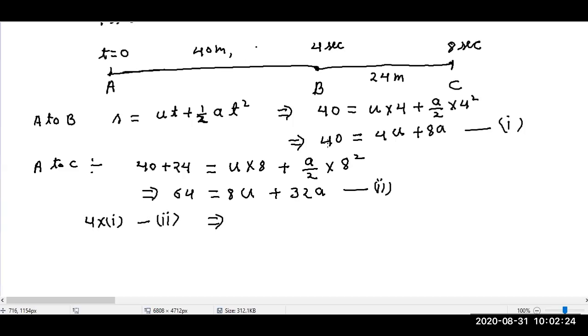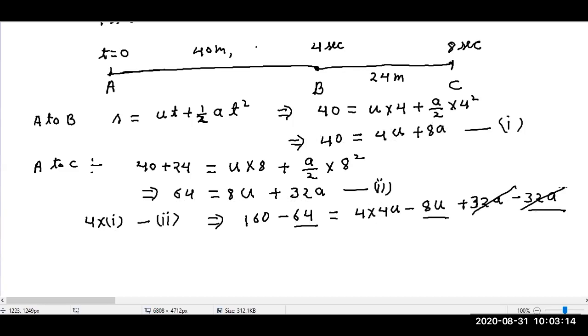So 4 times the first equation: 4 times 40 is 160, 4U into 4 is 16U, and 8A into 4 is 32A. Then from the second equation, we subtract 64, then 8U, then 32A.